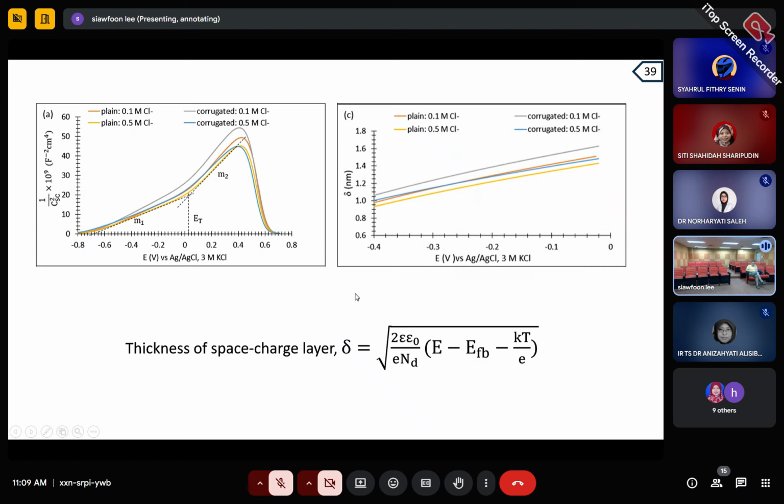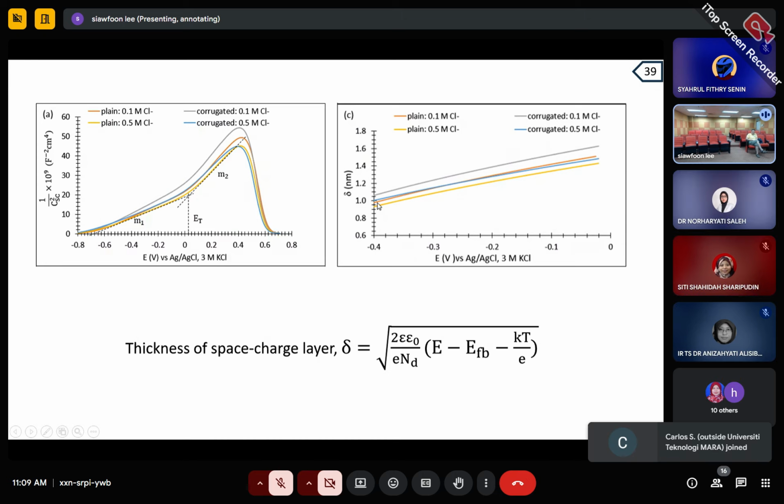Okay, and there's a report saying that if you get this value, for example, at a potential of 0.4 volts, which means 400 millivolts, and you get a space charge layer thickness of around 1 nanometer, then in this case you multiply by 4 and you get about 4 nanometers. And this 4 nanometers refers to the thickness of your passive film.